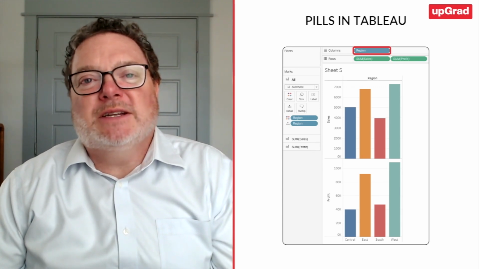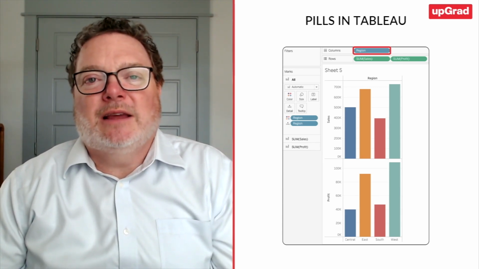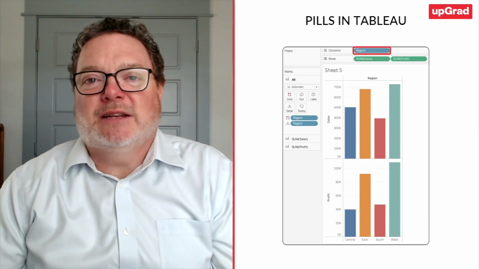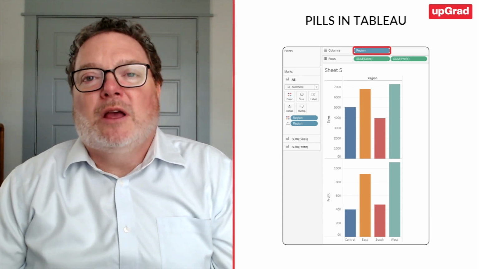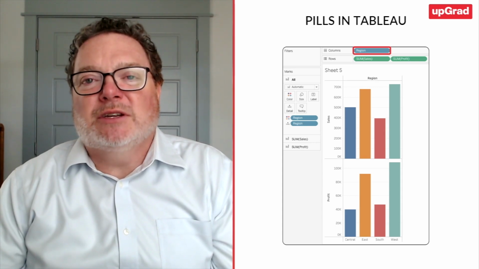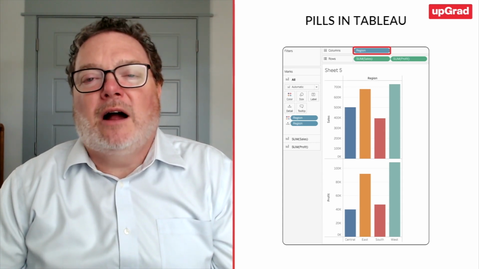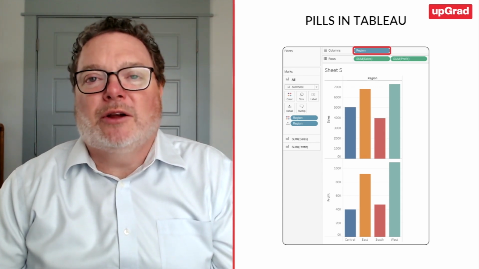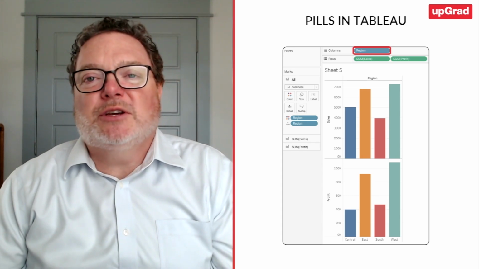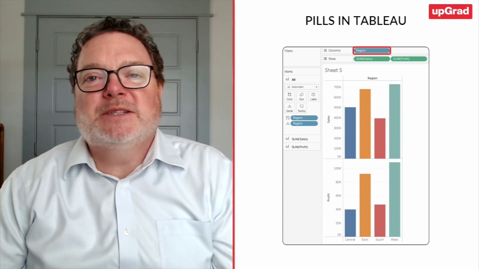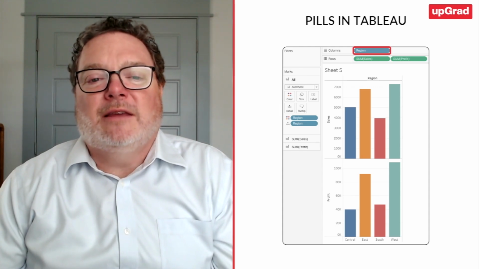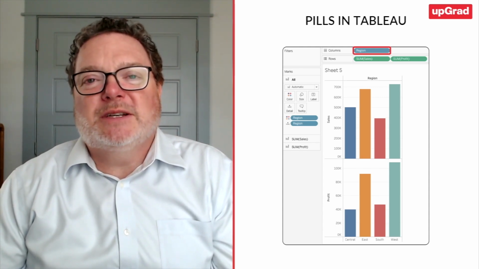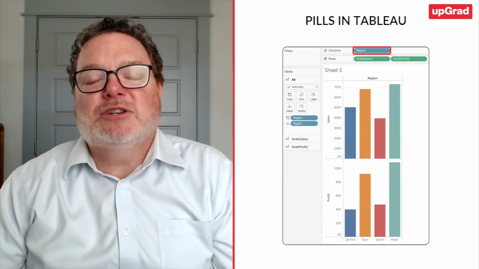A blue pill represents discrete data, as opposed to continuous data. So discrete data like names, keep that in mind. You can actually have dimensions that are green in color. That means you have dimensions that are continuous. That often happens with dates. But keep in mind that the blue pill represents discrete data, not a dimension.